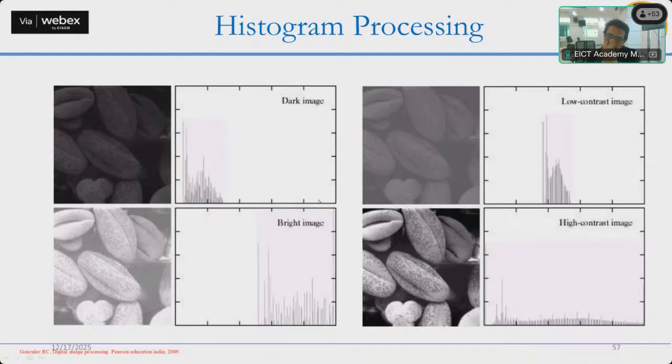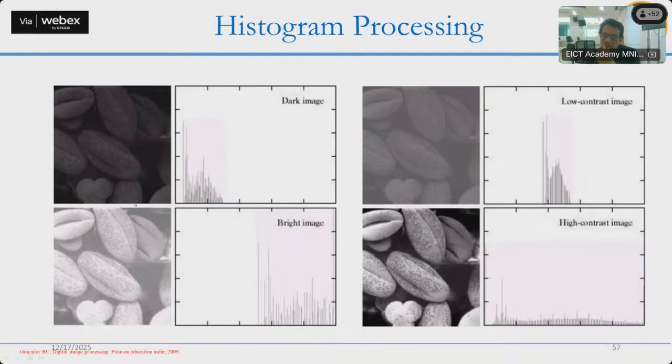So by adding the values and shifting it, I can make my dark image a bright image. I can make my dark image a low contrast image by adding the in-between values. In low contrast, the range of intensity values is small. But if dark and bright both are there, it is almost the same.